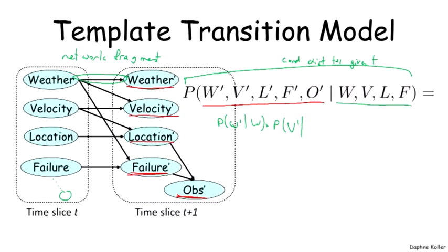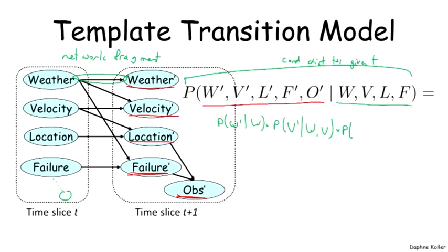The second one, that the velocity at time t plus 1 depends on the weather at time t and the velocity at time t, which indicates a certain persistence in the velocity, as well as the fact that, you know, if it's raining, you might slip sideways, so the velocity might change. Also, if you're careful, you might slow down if it's raining. And so again, there might be an effect of the weather on the velocity.